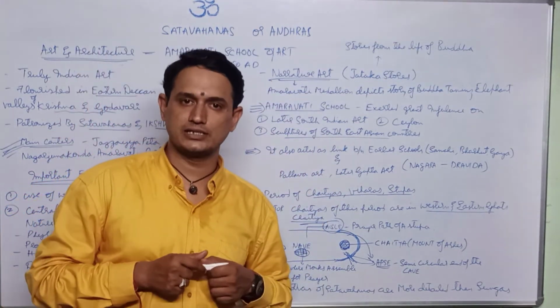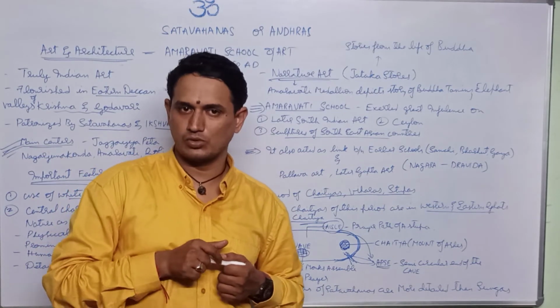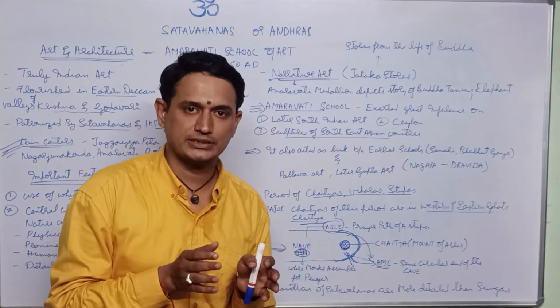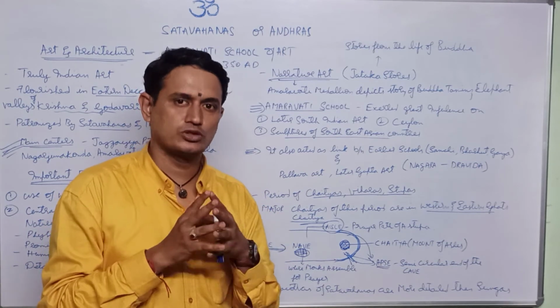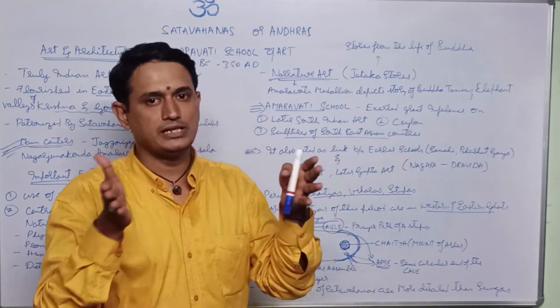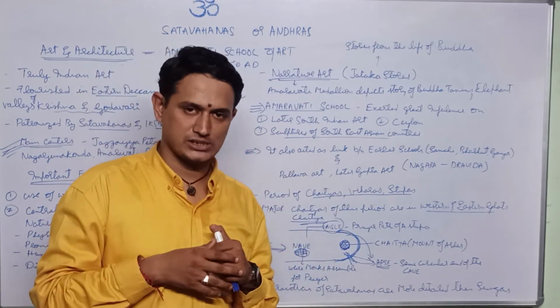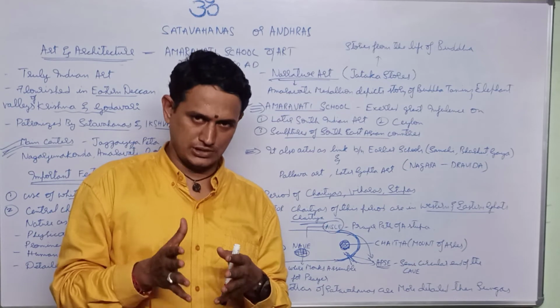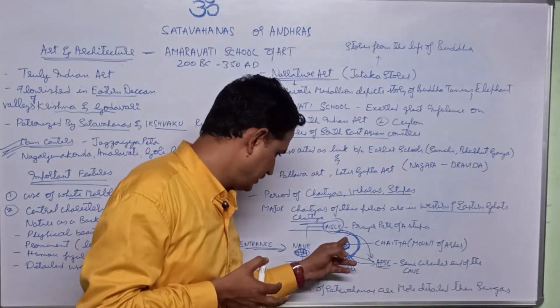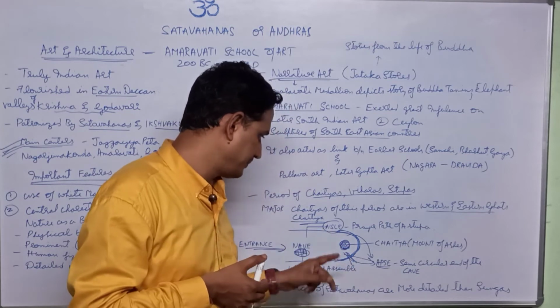Chaitya is nothing but a Sanskrit word, Chitta, which means mound of ashes. These structures which were built over the dead bodies are called Chitta or Chaitya. That is what this part depicts.